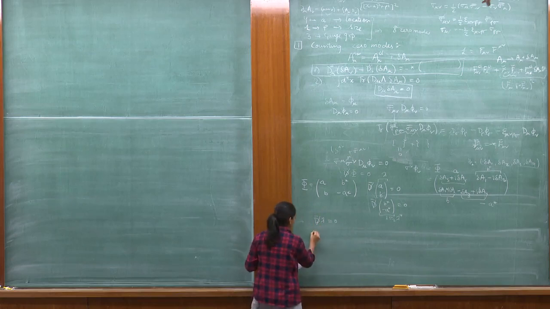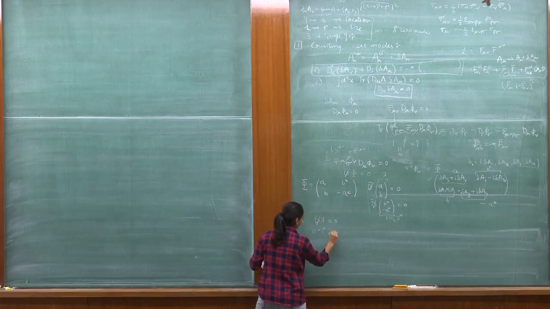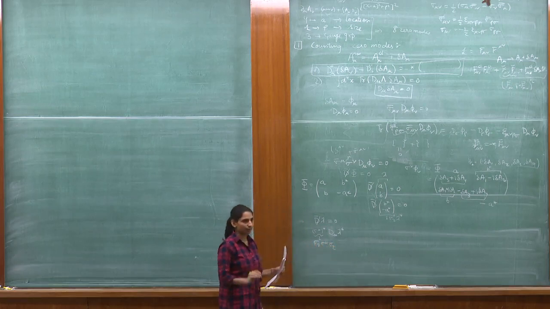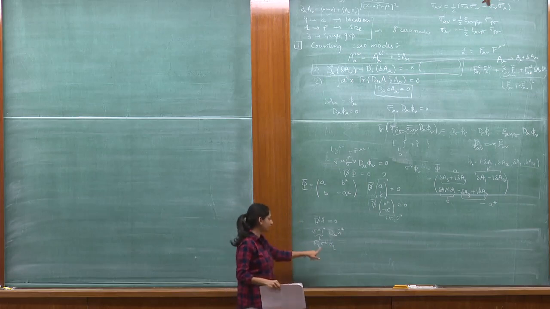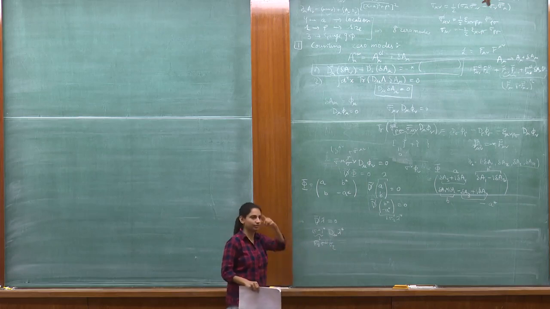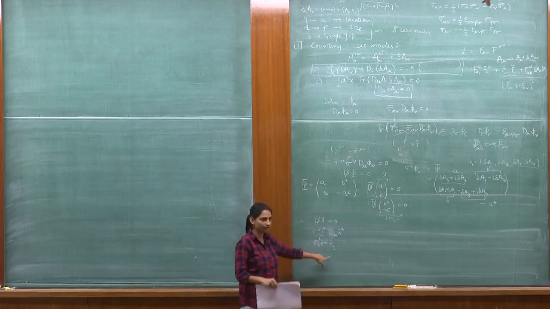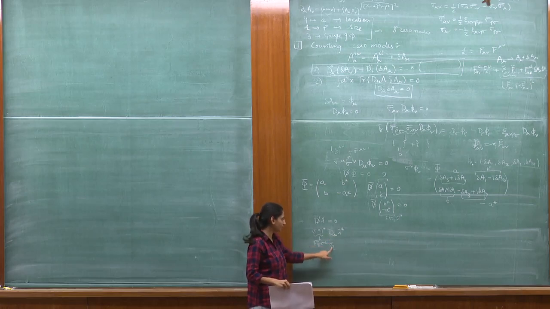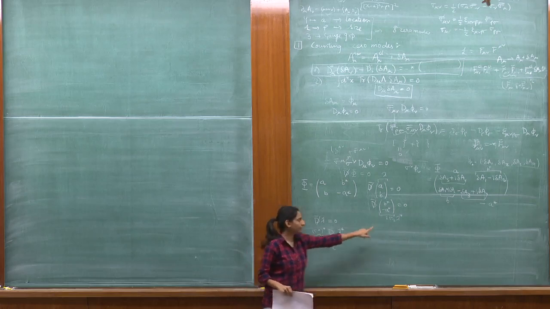So if you take the star here, you will get a sigma mu star del mu lambda star. The sigma mu star can be written as sigma 2 sigma mu sigma 2, something like this, using the properties of sigma matrices, because these are just identities, imaginary things. So this is basically del slash acting on sigma 2 lambda star.